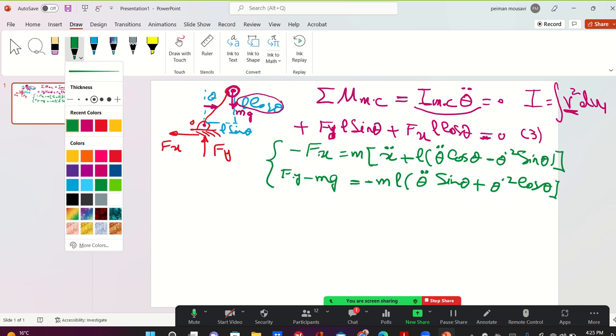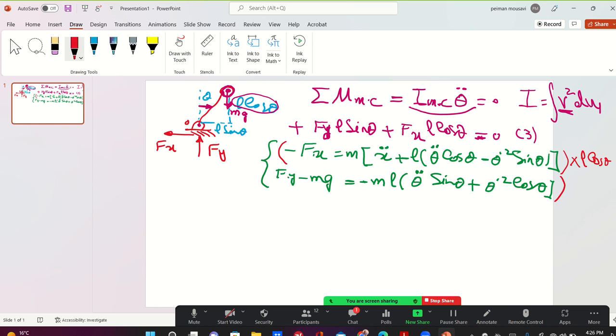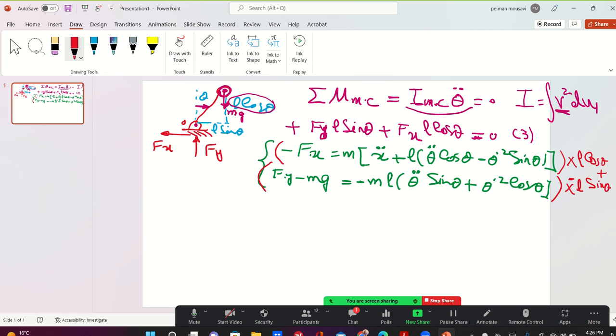Now we're going to get rid of Fy and Fx here because I want you to derive the equation of the motion. It's very easy. How? I multiply both sides of the first equation by L cosine theta, and multiply both sides of the second by minus L sine theta, and then add them both.